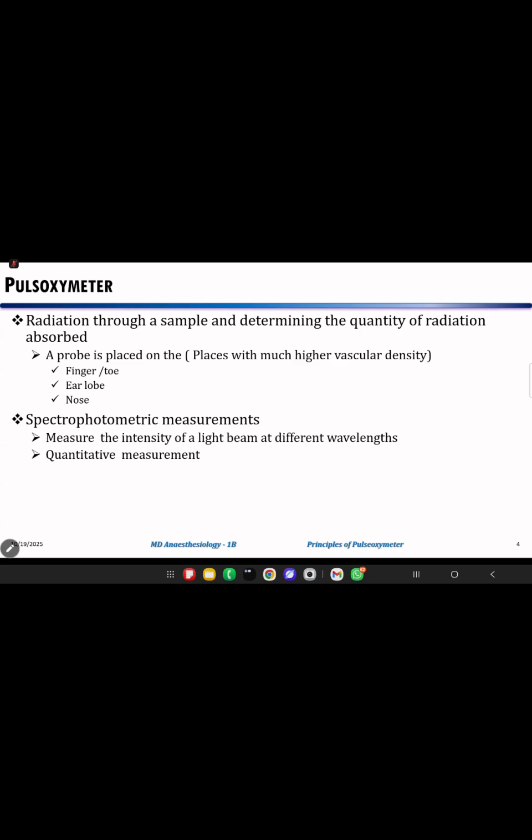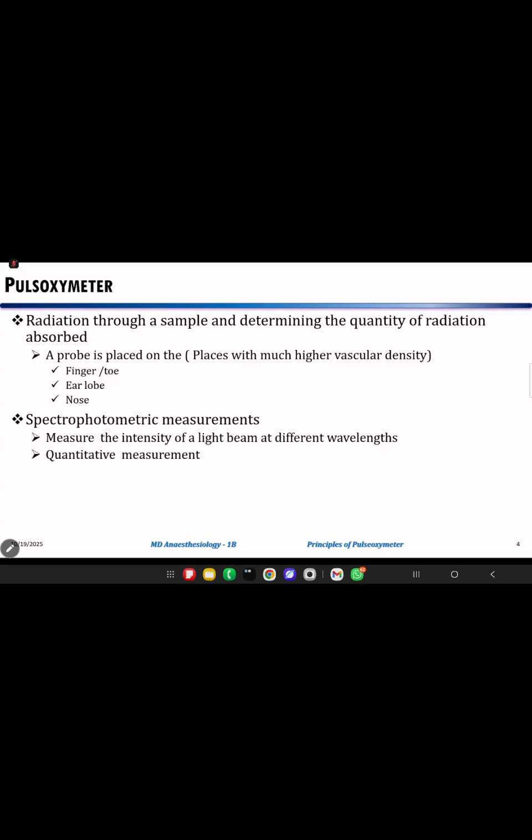So what we do is radiate a sample of light through the sample and determine the quantity of absorbed radiation. For this, we place the probe in a place where the vascular density is high, such as the fingers, which is usual, and we can also use the toes, earlobe and nose.